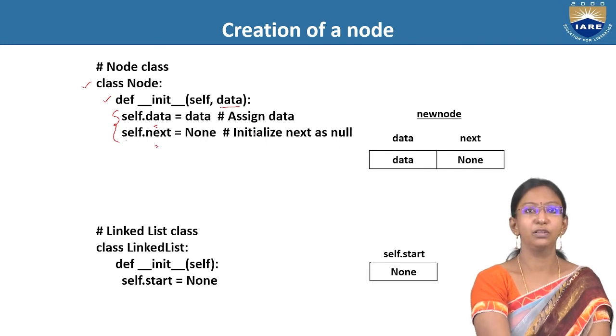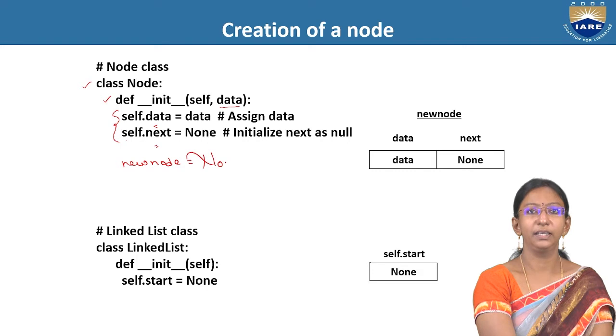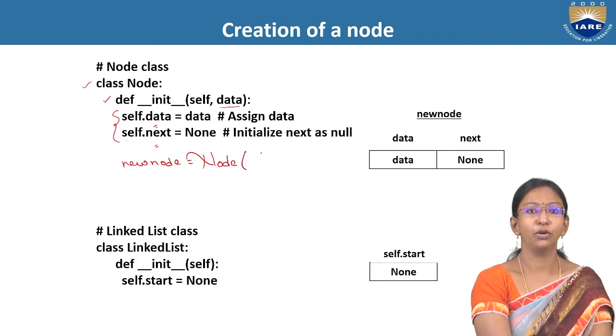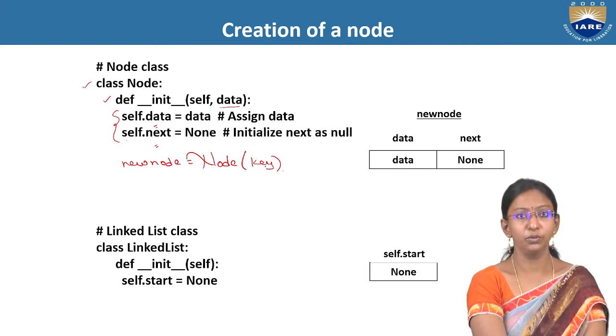So we have to call this one. It's a very simple statement. If the object name is new node, followed by the name of the class, followed by the key value that you are going to pass to it. This is nothing but creating an instance of the class Node, which is an object, new node.